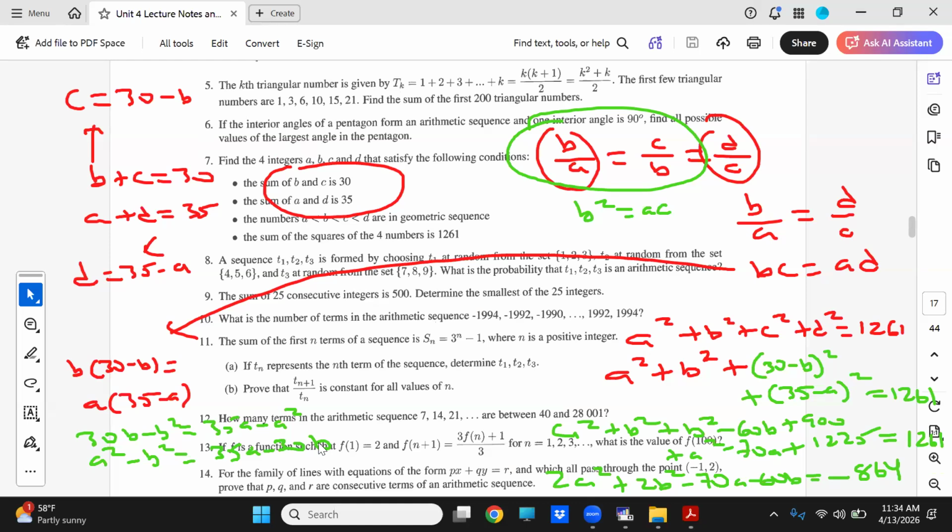I'm pretty sure it's supposed to be plus, because over there on the green it says equals negative 864. You are correct, thank you for catching that. So we are home free. So A equals 8 or 27. Okay.